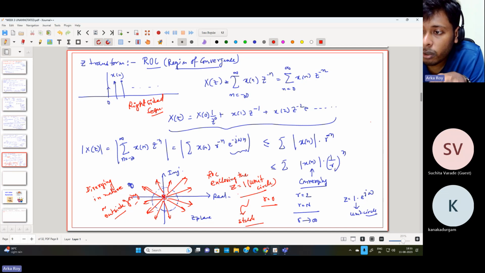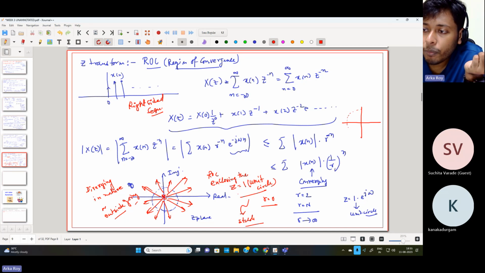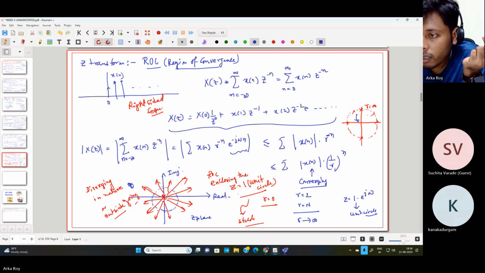Similarly, now considering the negative side sequence, R equals infinity is the limiting case. We'll not consider the R equals infinity part, so I'm just crossing this out. However, the ROC will effectively lead to the converging nature.